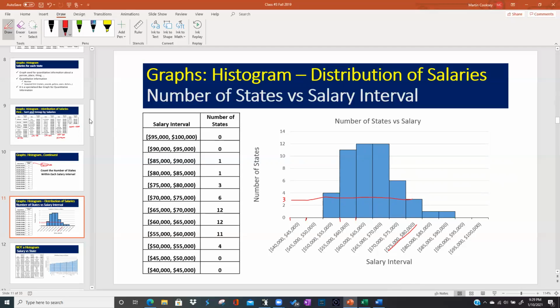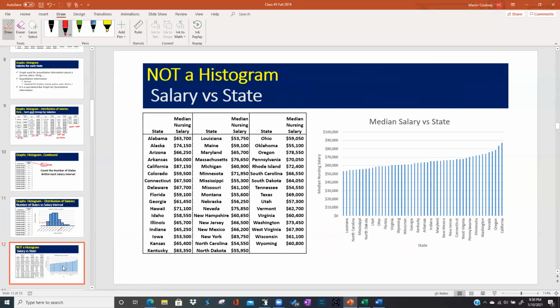One of the things we need to point out is this is a histogram, and the only information that we're looking at is the salaries and how many of the states had salaries within that interval. So what I want to point out is what is not a histogram. This is not a histogram.